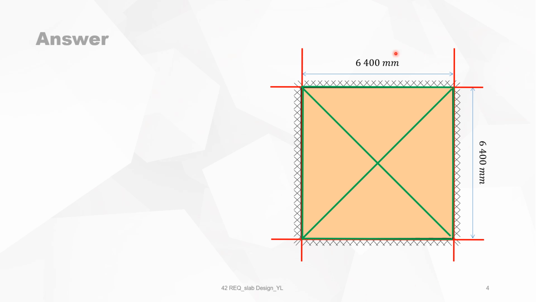So this picture will give us the situation of the bottom yield lines and the top yield lines, with the relation that m top is equal to m bottom divided by 2.